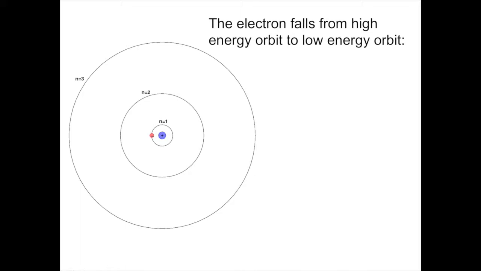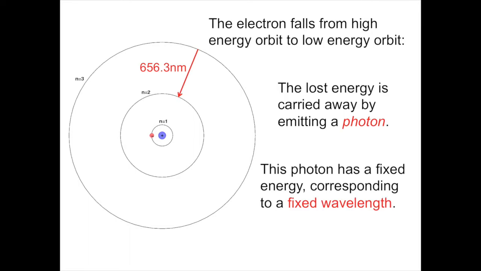An electron in this high orbit will want to try to make its way back down to the lowest orbit, called the ground state. It will do this by essentially falling from the high energy orbit to the low energy orbit. To do this, it must give up the difference in energy between the higher energy orbit above and the low energy below. Energy of 3 minus energy of 2 is the energy it has to give up.